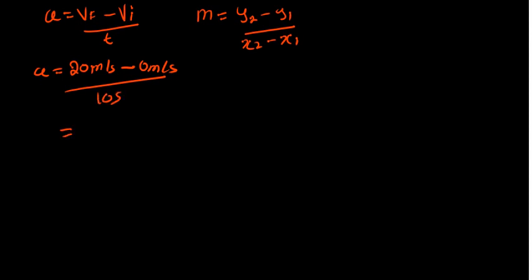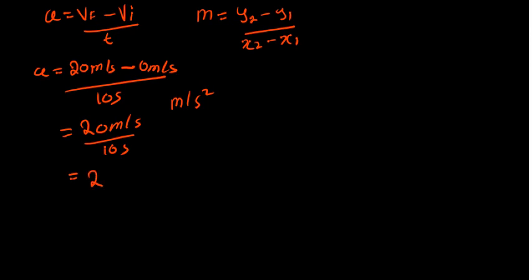So we have 20 meters per second divided by 10 seconds. Here, remember, acceleration is meters per second squared. Now I want to know how we get this whole unit that we have here. Very important. So we divide the 10 into 20, and we have 2.